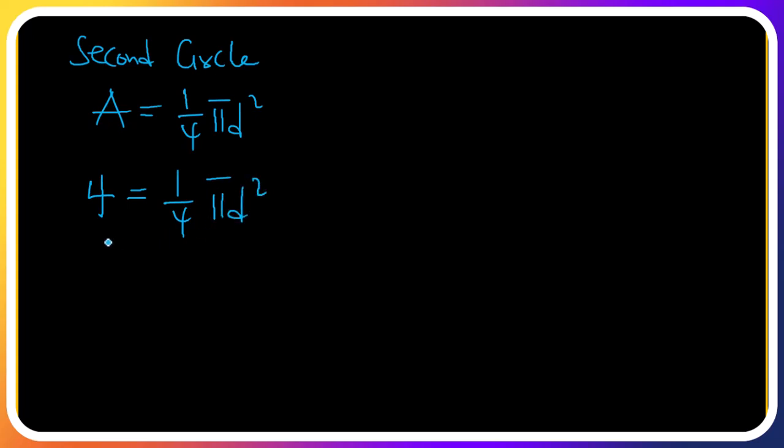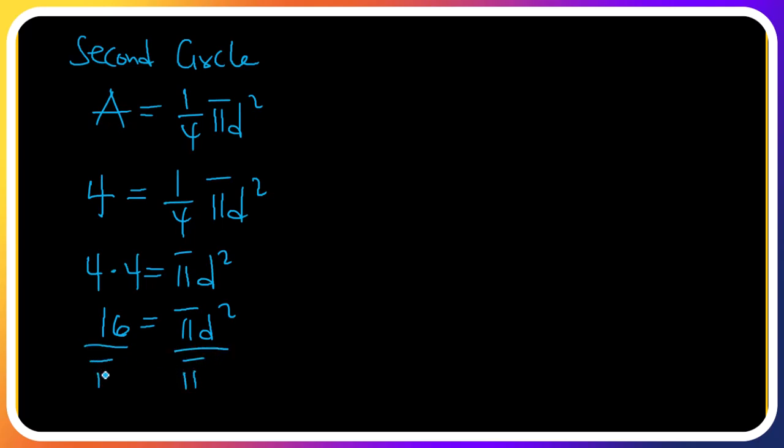Simplifying this, 4 times 4, which is 16, equals pi d squared. We want d but not pi d, so we divide through by pi, and d squared gives us 16 on pi.